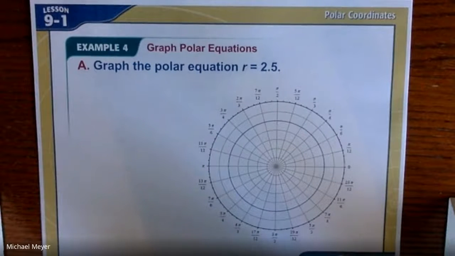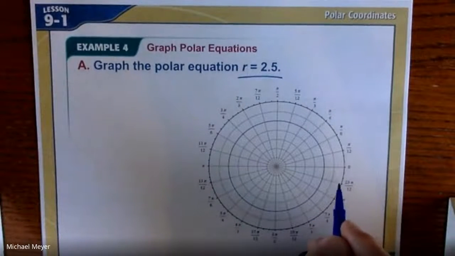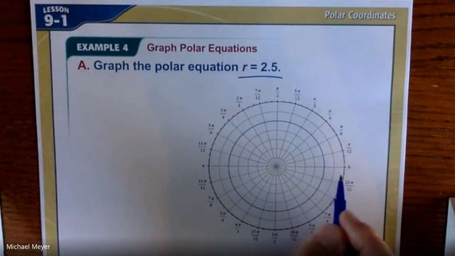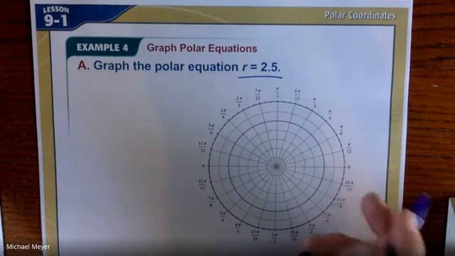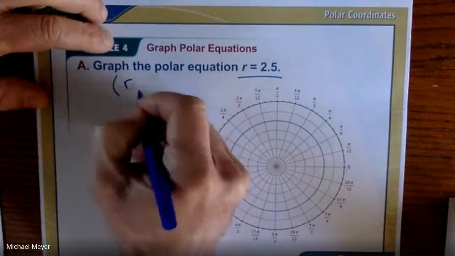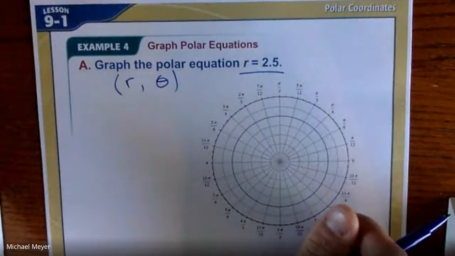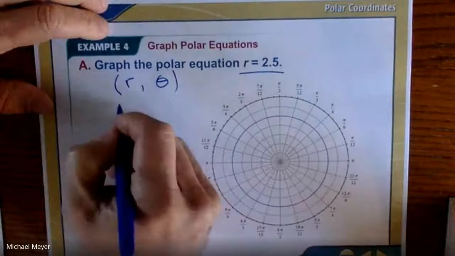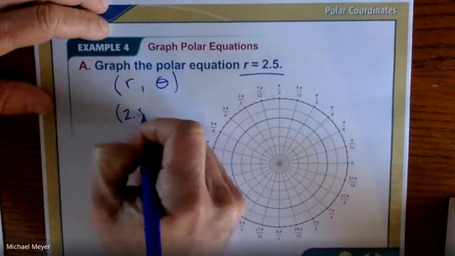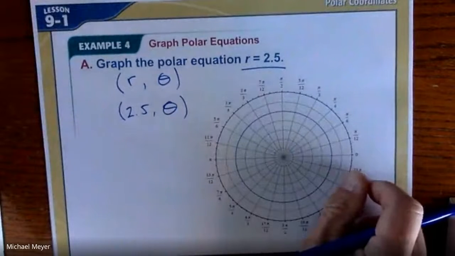So our first example here says graph the polar equation r equals 2.5, or a radius of 2.5. Well, let's think about that. Yesterday, it was a radius and an angle theta. So in this case, they're just giving us a radius and no angles for theta.